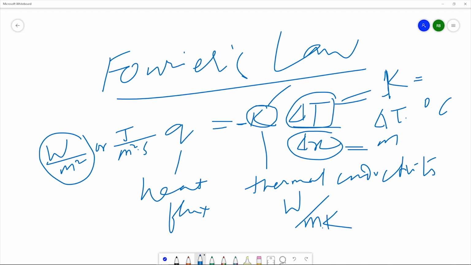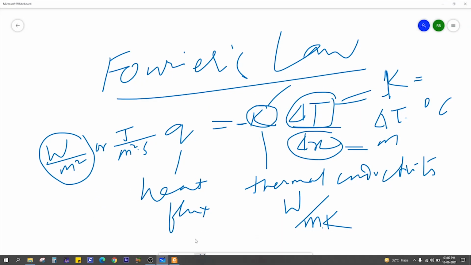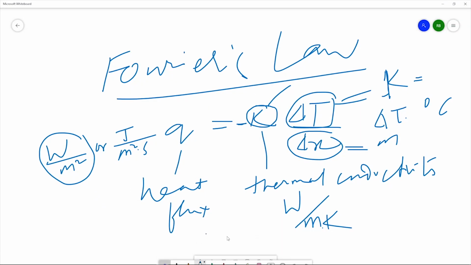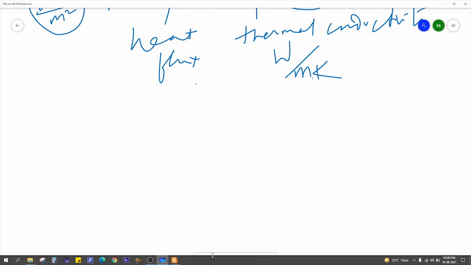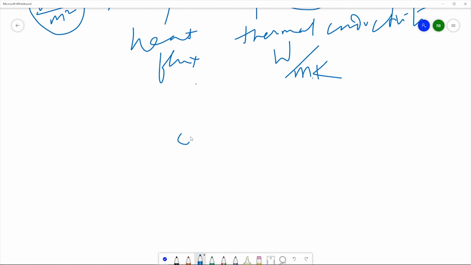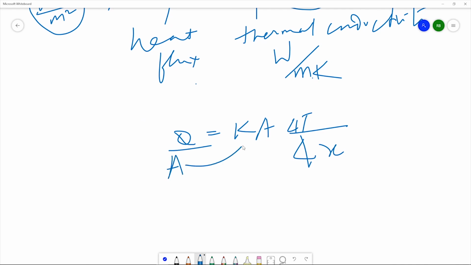Also, in some books, it is written as Q equals k A delta T by delta x. See, the area term was shifted to this side.